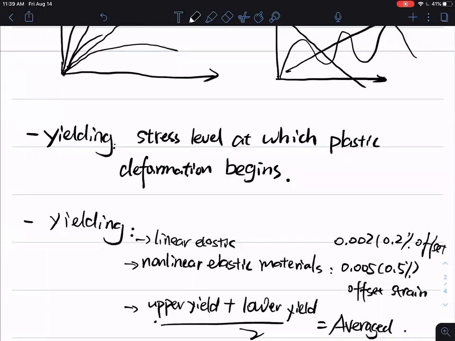Now let's do some real practice to see how to read the stress strain curve.